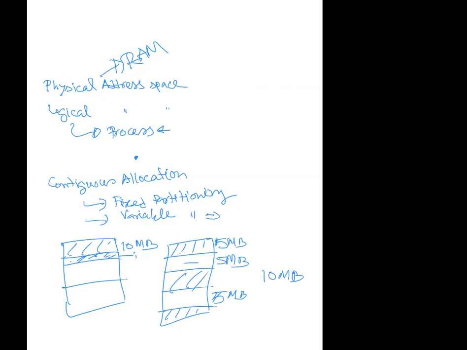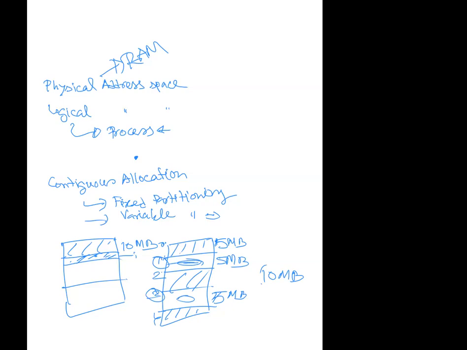Why? Because this is contiguous memory allocation. What is contiguous memory allocation? You have to accommodate a process inside the RAM in contiguous physical addresses. Let's say this is 0, this is 1, this is 2, this is 3, and 4, and so on. You cannot allocate 5 MB here and also 5 MB there, because this is not contiguous physical addressing. This is 1, this is 3, and 2 is occupied by another process.